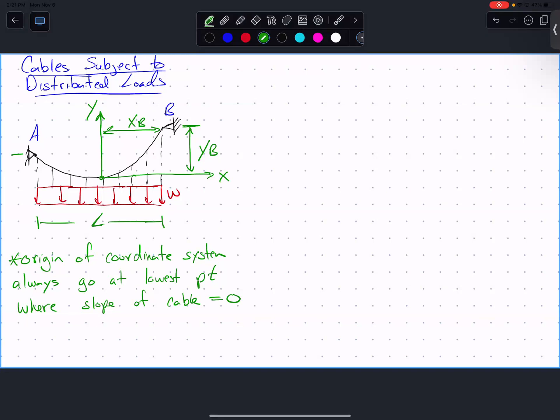And then over here at A, we will have YA and XA. I'm going to call that lowest point on the cable point C.